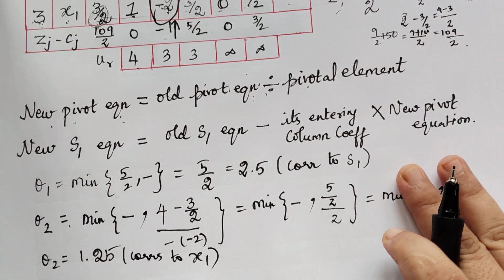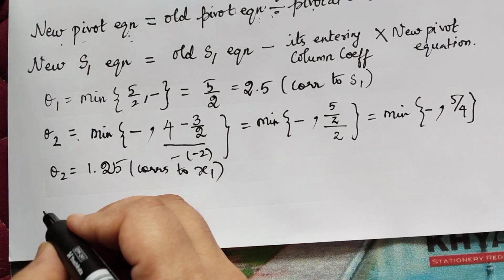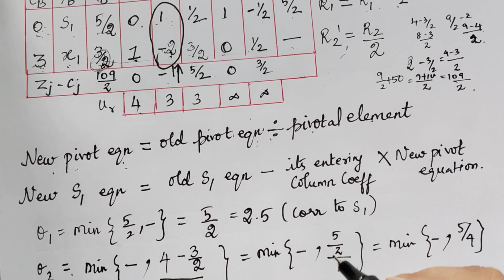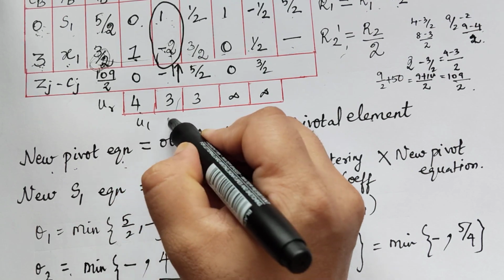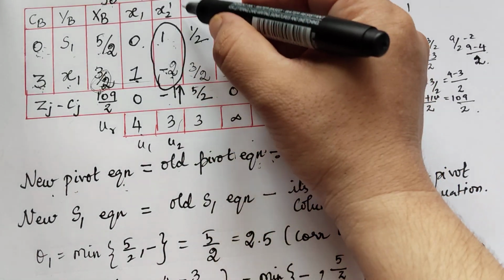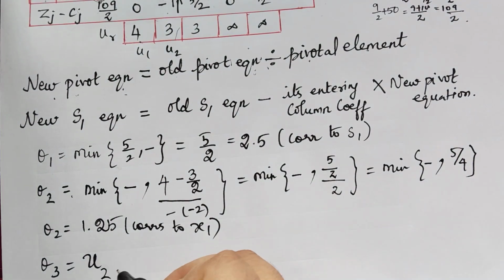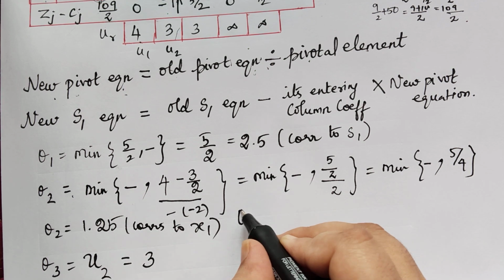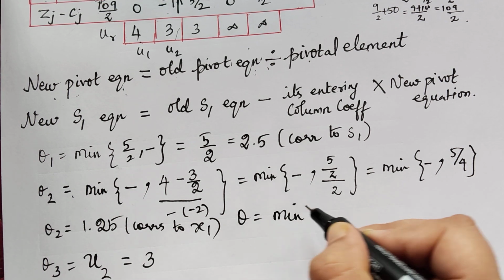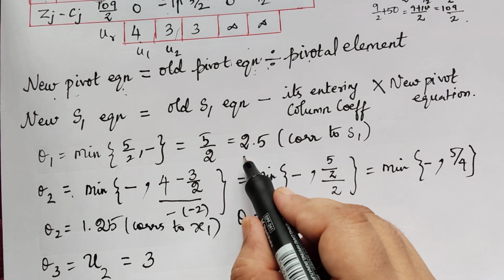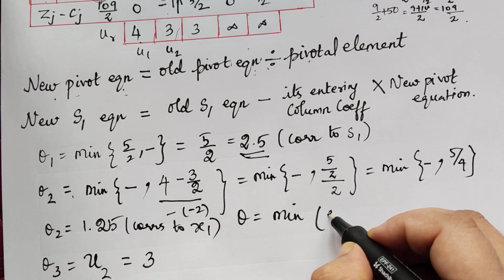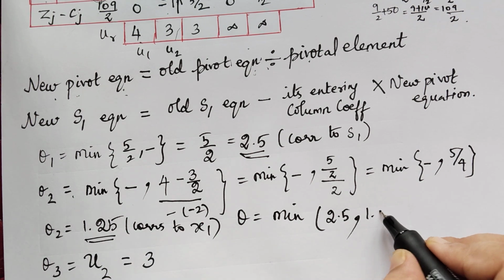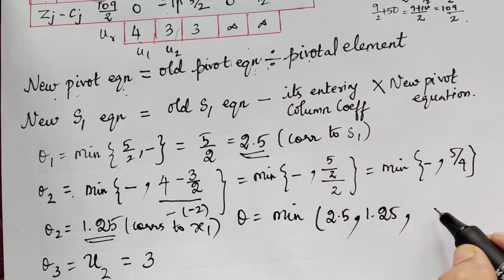Then one more, theta 3 we have to find. We know that theta 3 is equal to the upper bound of the entering variable. This is u1, u2, and entering is x2 dash. So u2, which is equal to 3. Therefore theta 3 is 3. So theta will be equal to the minimum of theta 1, which we got as 2.5, theta 2, which is 1.25, and theta 3, which is 3.